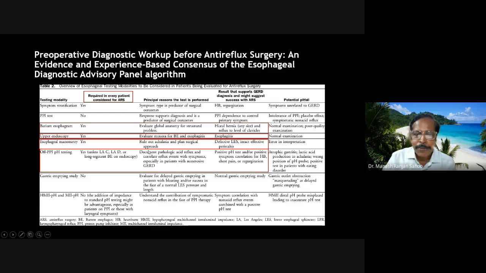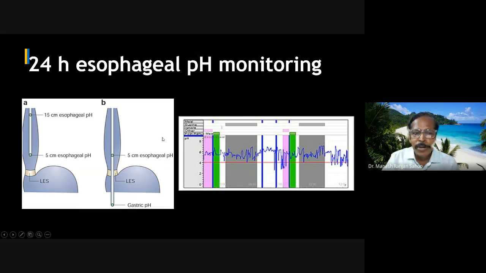And 24-hour pH testing documents the pathologic acid reflux and correlates the reflux events with symptoms, especially in patients with erosive and non-erosive gastroesophageal reflux disease. This 24-hour esophageal pH monitoring ideally should be done in all patients suspected of GERD and planned for anti-reflux surgery.